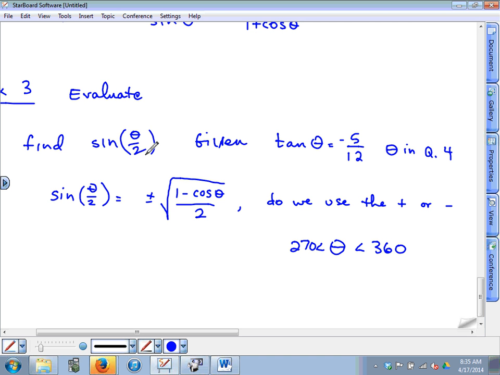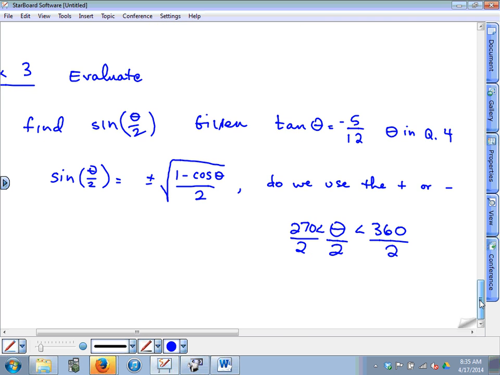But we're not dealing with theta, we're dealing with theta over 2, so if we divide everything by 2, which quadrant is theta over 2 in? 135 to 180. Yes, 270 divided in half is 135, and 360 divided in half is 180.